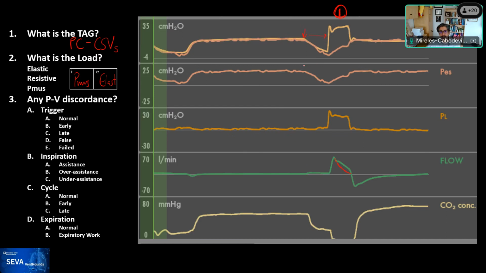You have your esophageal pressure that starts dropping right here, and then the breath doesn't trigger until the breath essentially has finished, when boom, it triggers the change.